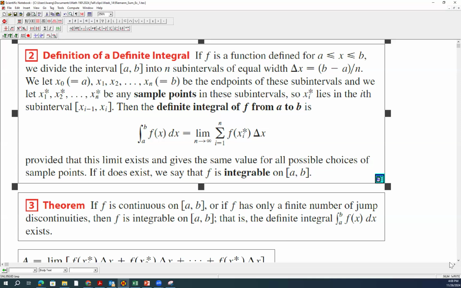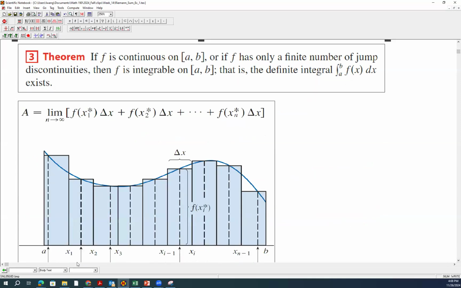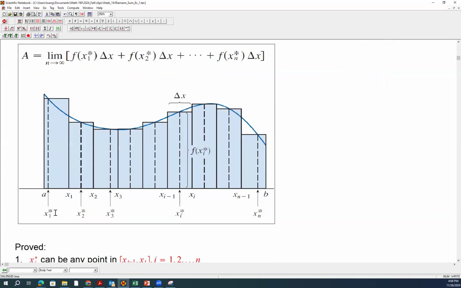This theory basically says to partition the interval from a to b into n subintervals: a, x1, x2, x3. x1 is the result of a plus delta x, and x2 is x1 plus delta x.